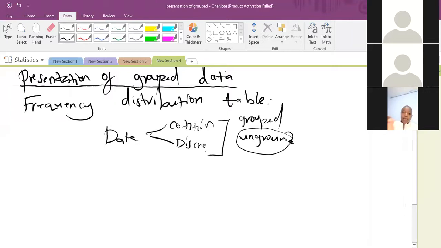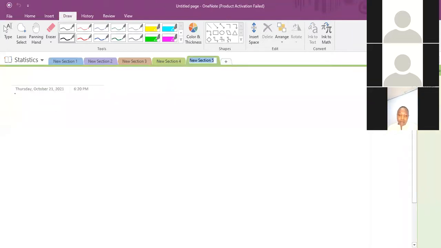Okay, so let's say this is the random data that we've been given, and I would like to have another page so that I can write all the values of the data.